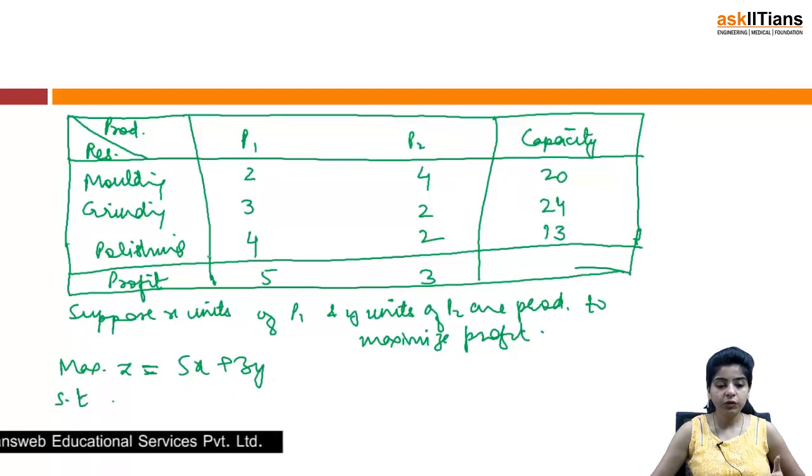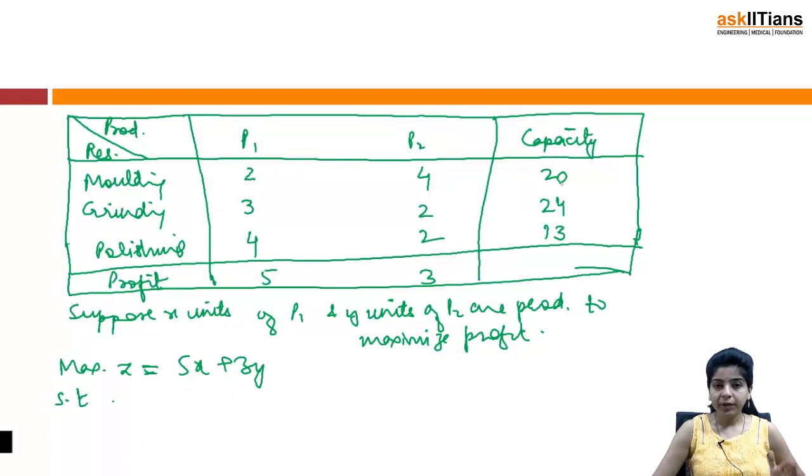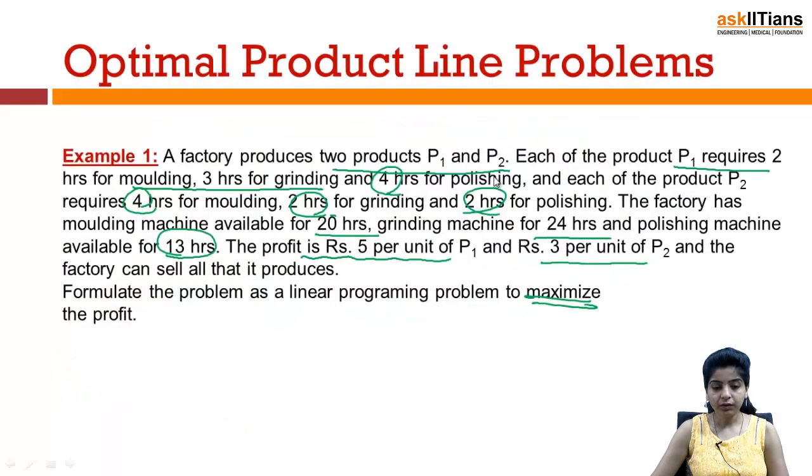Now the constraints. The maximum capacity is 20 hours for molding, that means 2x plus 4y less than or equal to 20. Why less than or equal to? Because it is the maximum capacity of the machine, and 2 hours are required per unit of P1 for molding.